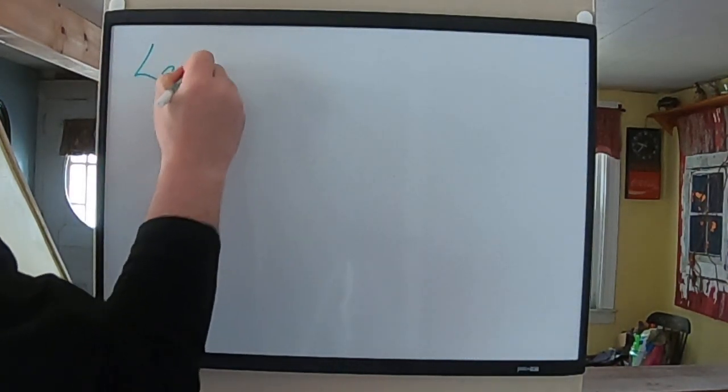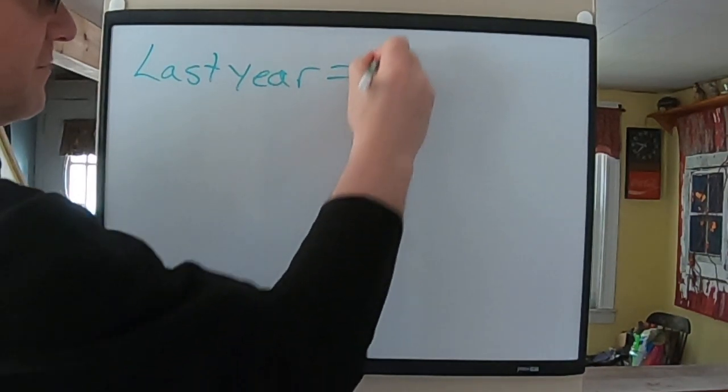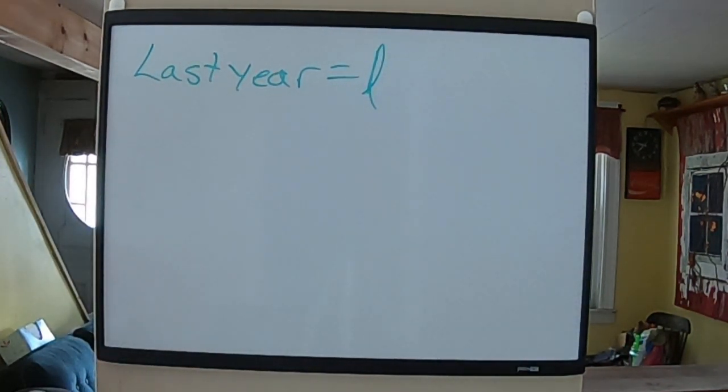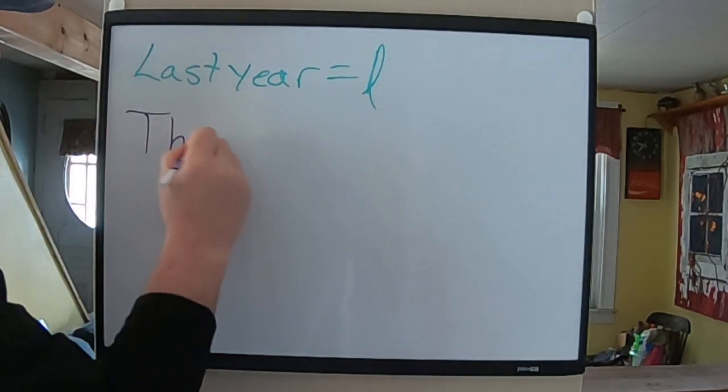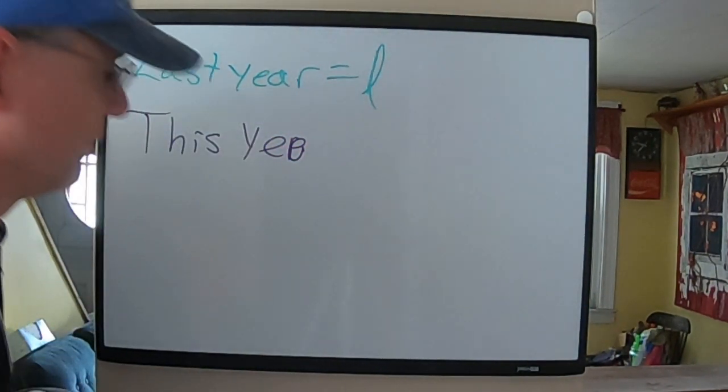Number 8 says, this year a company's earnings decreased by 1/3 of its earnings last year. Well, if L is last year, let's make that L. Doesn't matter what kind of L you use. They used an italicized L. This year, oh, good grief.